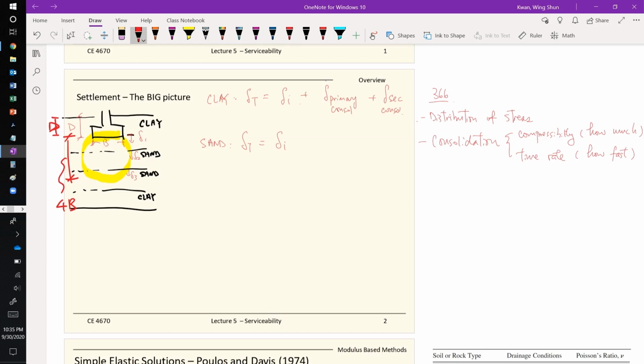Remember in our CE 368, when we did the direct shear test in the lab, when we were testing our sand soils, we put the dead weight on the direct shear machine, and on the vertical alignment you will see the vertical dial gauge showing the deformations of the sand. So it happens, but if you remember, the deformation is tiny.